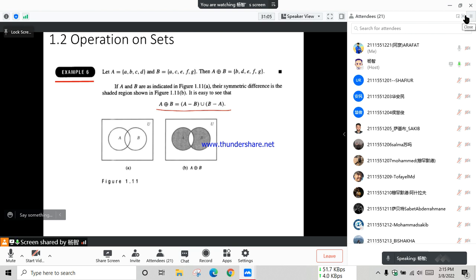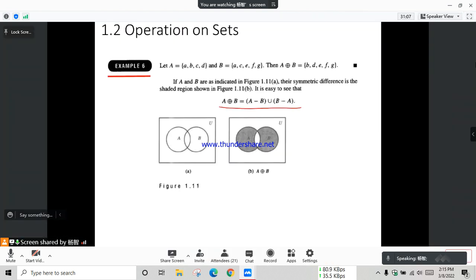Okay, look at the example. Let A equal {A, B, C, D} and B equal {A, C, E, F, G}. We want the symmetric difference between A and B. First we can calculate A minus B. Who can tell me the result of A minus B?